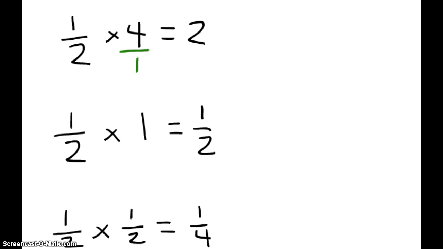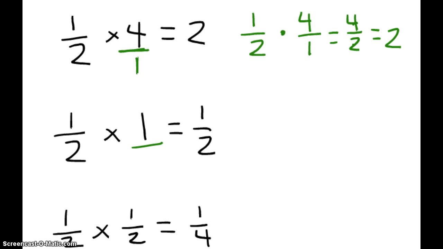So in this situation, I put 4 over 1. All whole numbers are whole numbers over 1. And what I did, I can say 1/2 times, I'm just going to use the dot, times 4 over 1 equals 4/2. 4 divided by 2 equals 2.